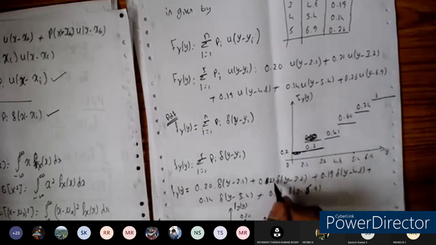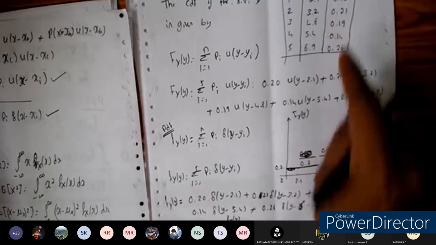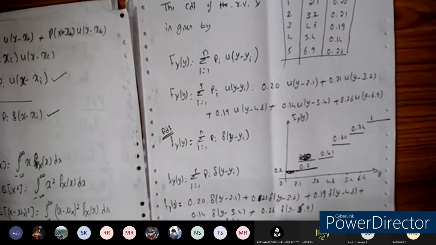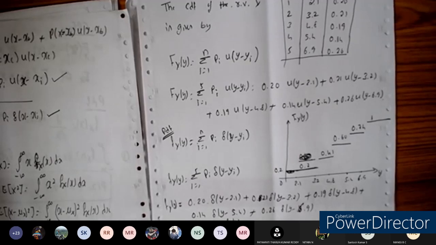I made a mistake. At y equal to 3.2, the value is 0.21. At y equal to 4.8, it is 0.19. At y equal to 5.4, 0.14. At y equal to 6.9, it is 0.26 here.